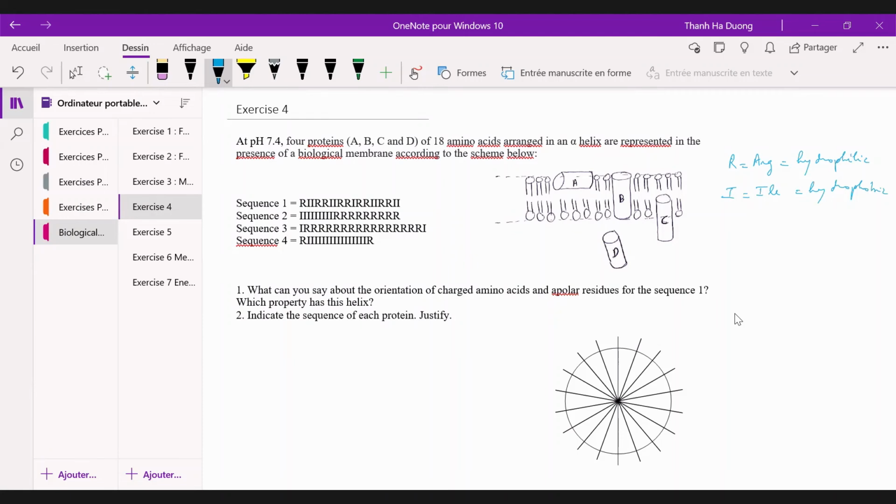So if we take the sequence 1, you remember if we have a top view of an alpha helix, if I start with the R here, I will have 100 degrees for the second amino acid.